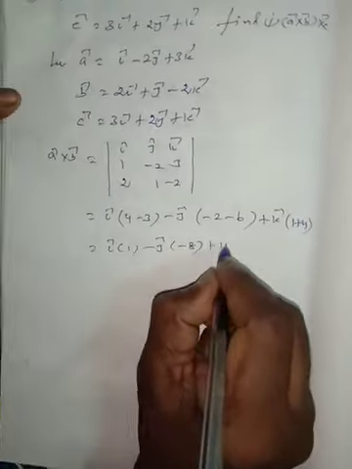This means i vector plus 8 j vector plus 5 k vector.